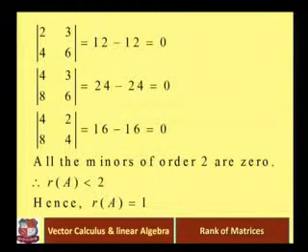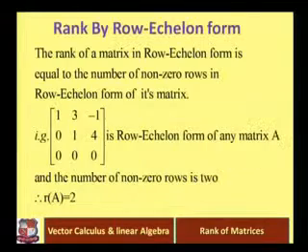But here all the 2 by 2 minors are 0, so rank of A is less than 2, and obviously rank of A is equal to 1, because the given matrix has non-zero elements. So in this method we saw how to find the rank of a matrix by the determinant method.